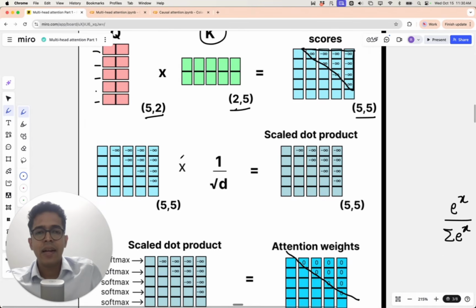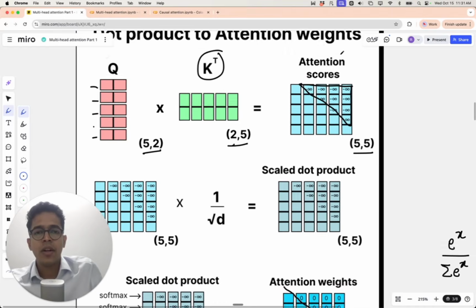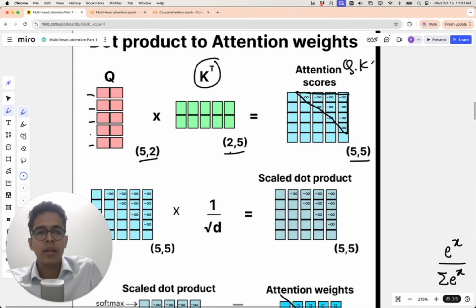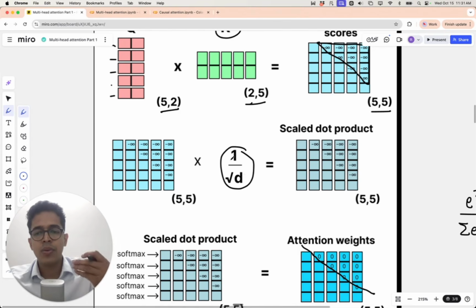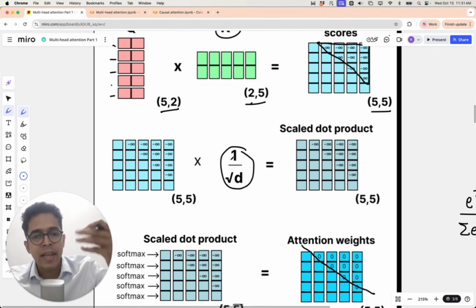Then we scaled the dot product. So this is the dot product, Q dot key transpose, queries multiplied by keys, and then we scale it. Basically, this scaling is done to keep the variance of the resulting dot product numbers equal to 1. We saw that the variance scales with square root of d.